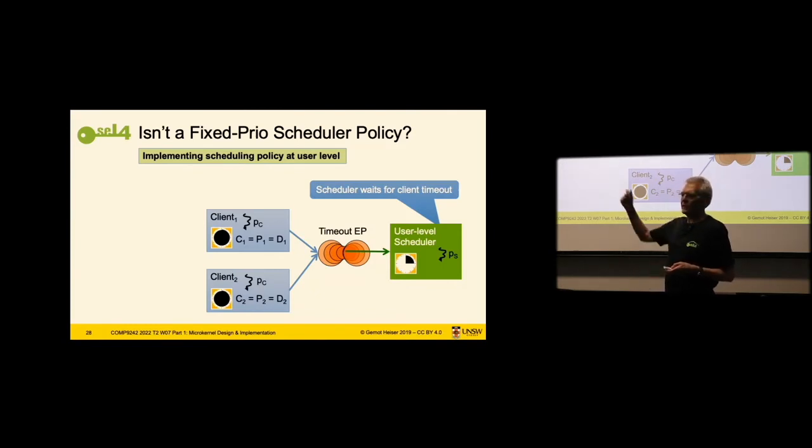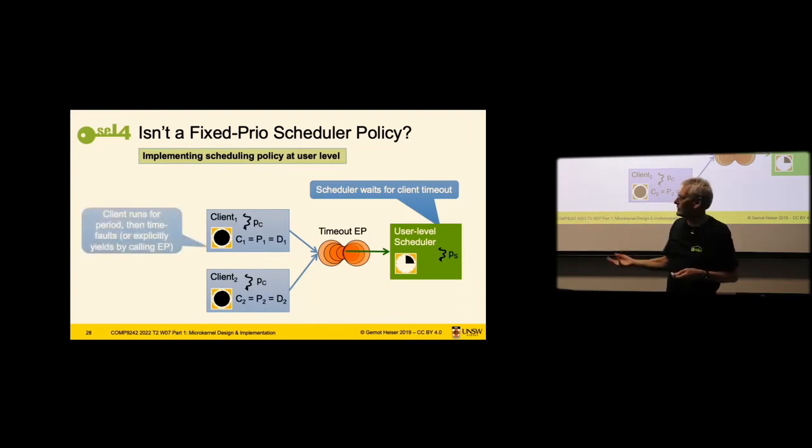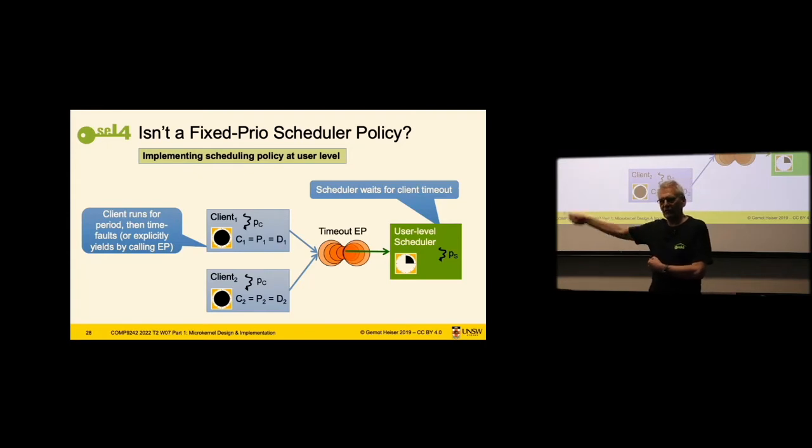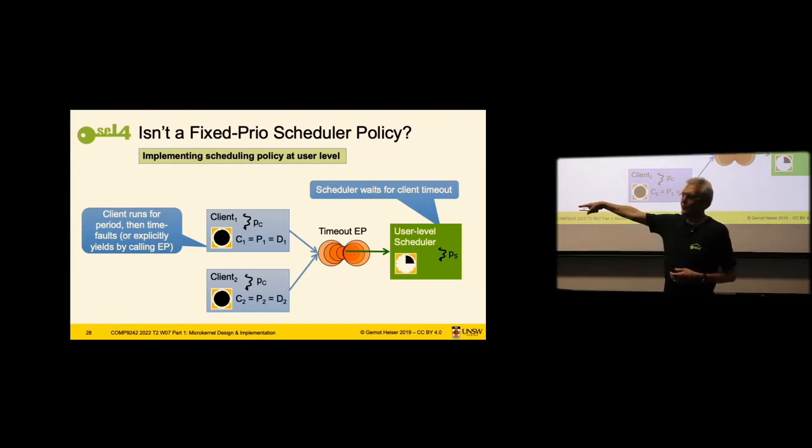And if it does that, then it determines who to run next, and allows it to get restarted. The clients all have full budgets, so whenever the timeout server replies, then the client is immediately runnable, and it makes sure that it only replies to one at a time, so that way it can control which of these clients it's in charge of is executing. So that's a straightforward way to implement an arbitrary scheduling policy at user level.